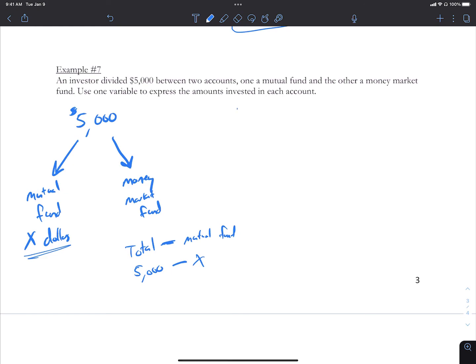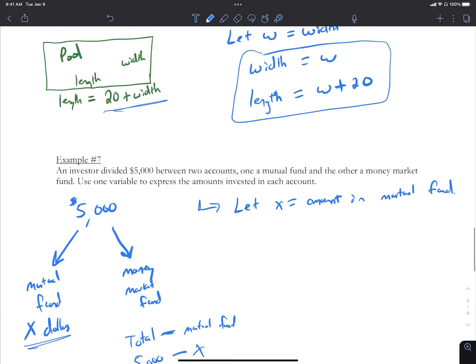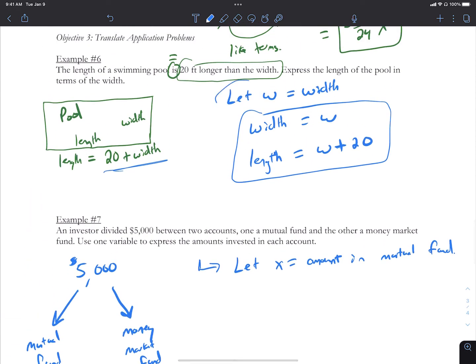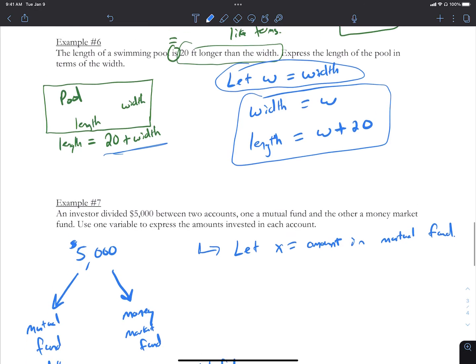So in other words, we could say let X equal the amount that we put in the mutual fund. This is a typical thing that we do in mathematics: we define what our variable is. Notice I did this up here as well with W equal width and so forth.